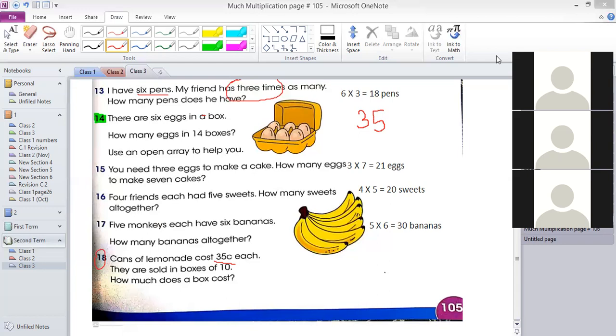This is very easy. Find out the cost of 10 cans. One can is 35 cents. How much will it be for 10 cans?